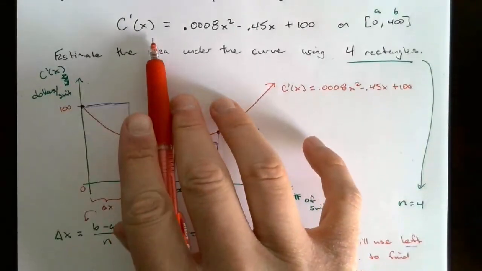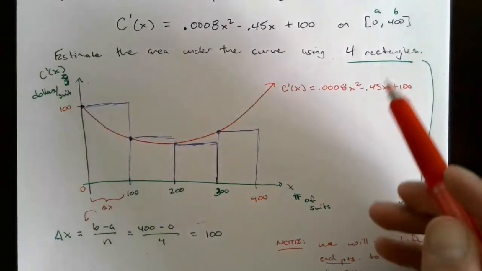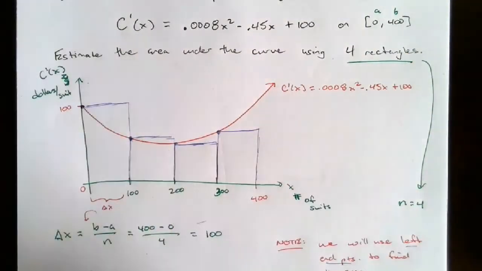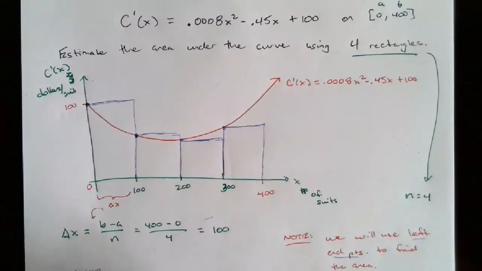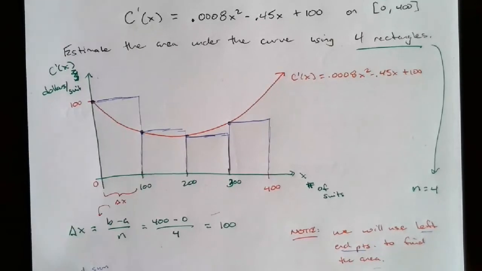Remember what we're finding. If this is C prime, that's the marginal cost. When we find the area under the curve, we're getting the antiderivative when they sell 400 suits. So $24,200 is the estimated cost for, well, I shouldn't say for selling, I should say for producing.